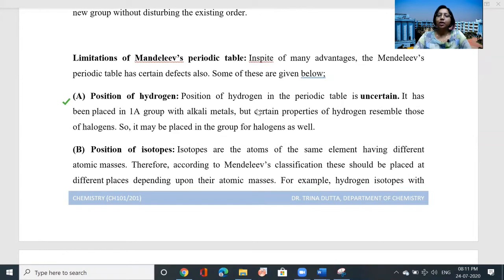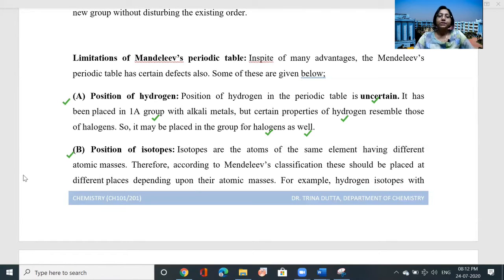The position of hydrogen in the periodic table is uncertain. It has been placed in 1A group with alkali metals, but certain properties of hydrogen resemble those of halogens. So it may be placed in the group for halogens as well.